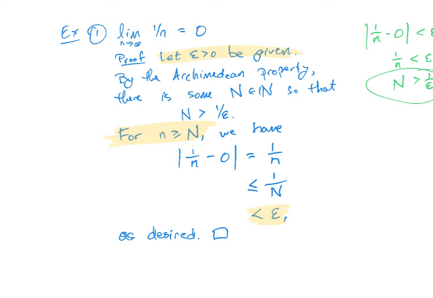Any questions on that proof? I have a quick question about the limit definition. Why do we want it to be strictly less than epsilon instead of just less than or equal to epsilon?